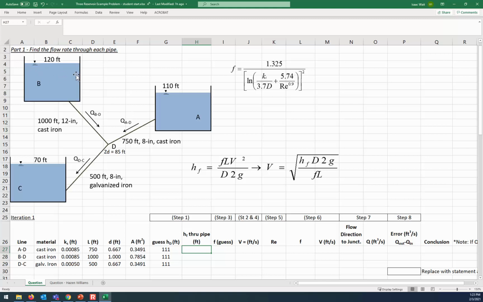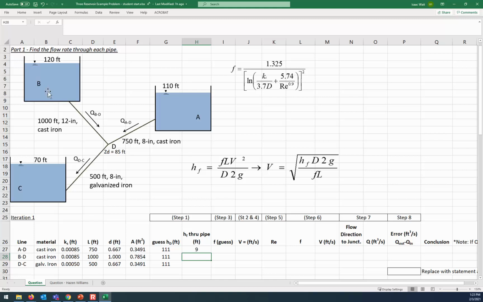So if there's 120 feet of head at B and 111 feet of head at D, the head loss is our elevation of 120 minus this guess value. So that tells me that by definition there's 9 feet of head loss through that pipe.